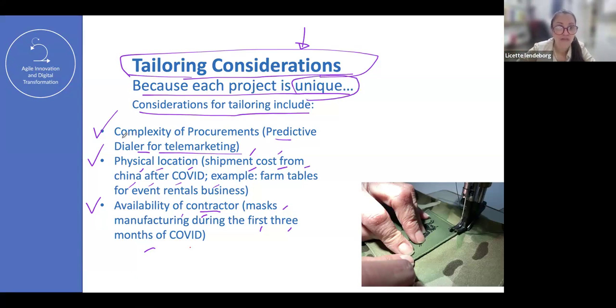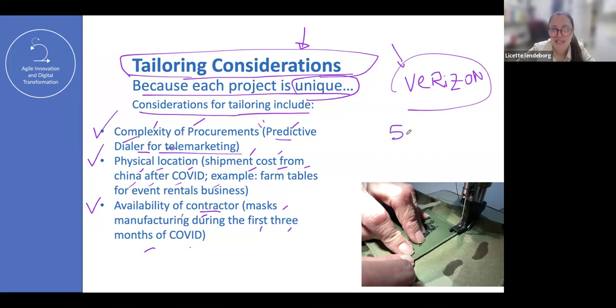For example, with very complex procurements, the example I want to give you is from Verizon. I worked for Verizon for about 10 years. It was a telephone company in my country. I remember I was in charge of selecting a predictive dialer for telemarketing.